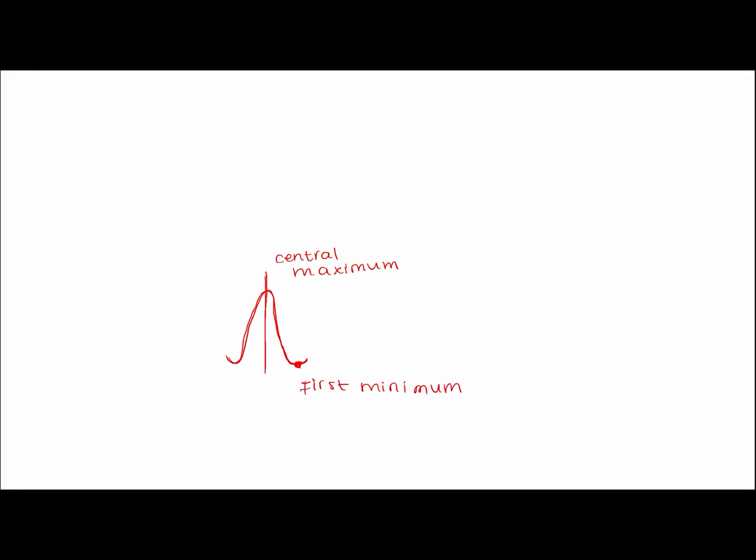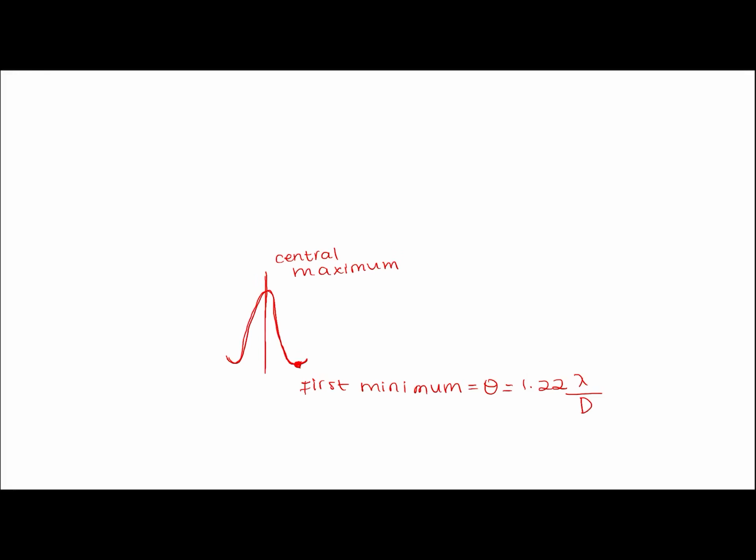The first minimum is an angle, and it's equal to 1.22 times lambda over d. And this is the case for every circular aperture.